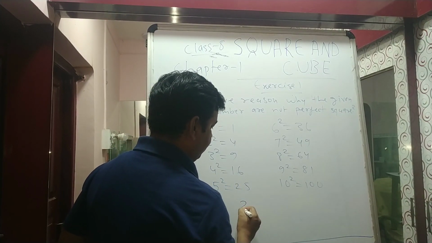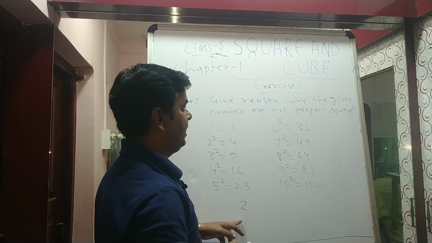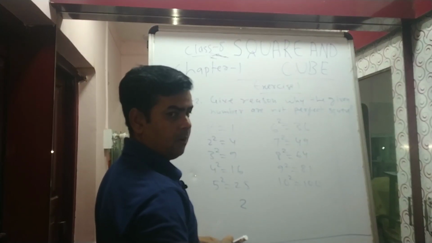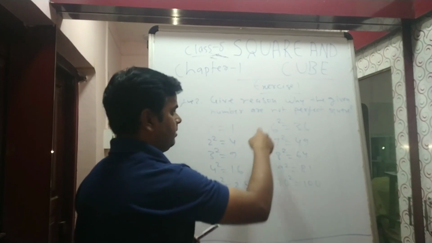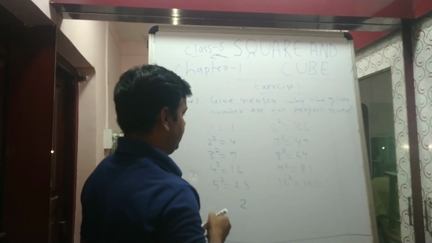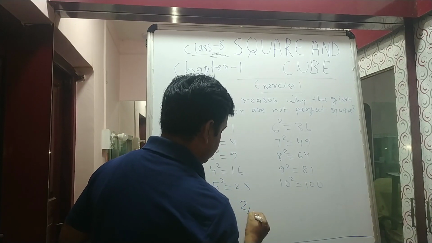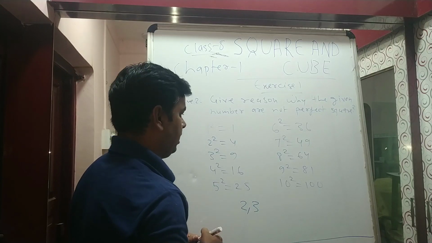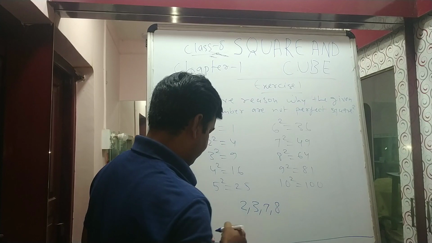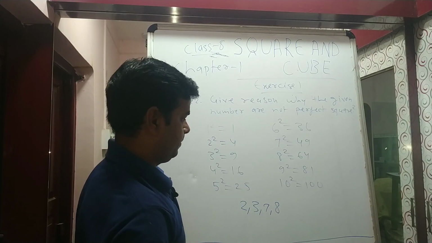No. It means if 2 is in the unit place and it asks whether this is a perfect square or not, you will say no, because in any of these numbers 2 is not there. 3 is there? No. So 2, 3 and what else is not there? 7 and 8.